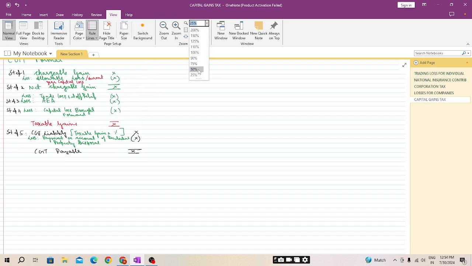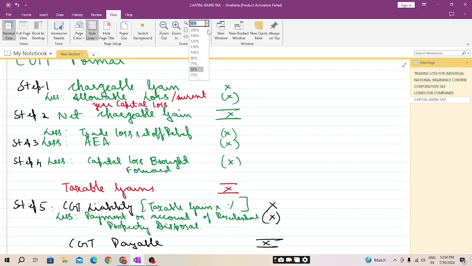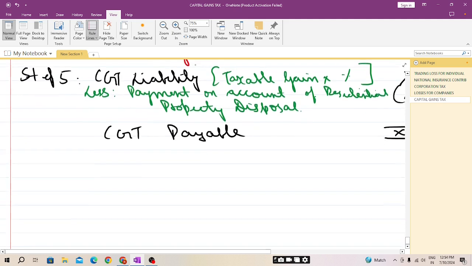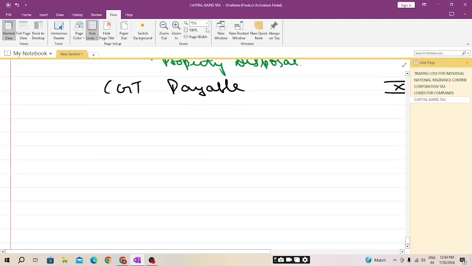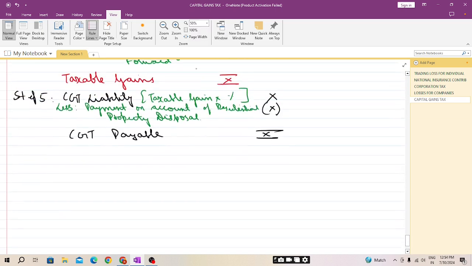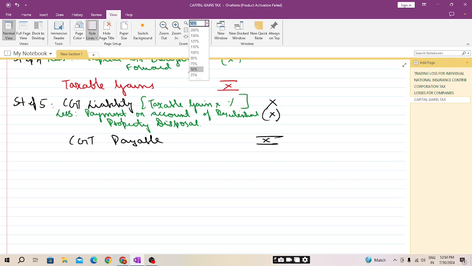Now students, we will be dealing with the capital losses. I hope this is clear, students. Now coming to the case of capital losses.